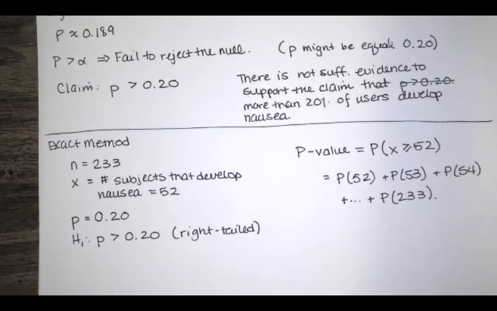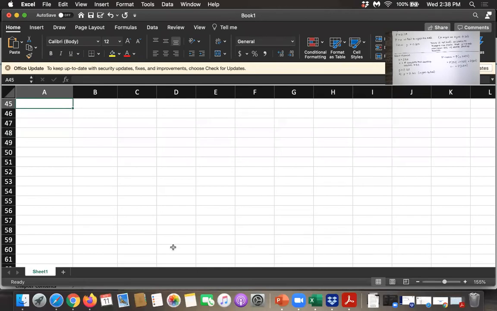But in order to find these probabilities, we can use Excel. In theory, hopefully Excel can handle these probabilities with a sample size like n equals 233, or 233 trials. So the first thing I want to do in Excel is create a column for the number of successes. So the number of successes X will be over here.